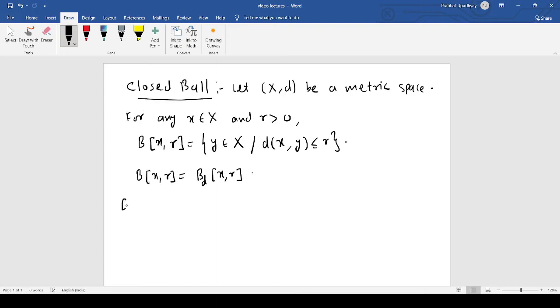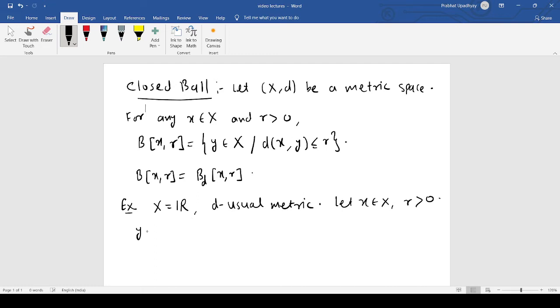Let's see a few examples. In our first example, say my set X is the set of real numbers R and my metric d is the usual metric. That means distance between two points x, y in R is |x - y|. Let x belong to X and r be a positive real number. I want to find out how my closed ball centered at x of radius r in the set of real numbers will look.